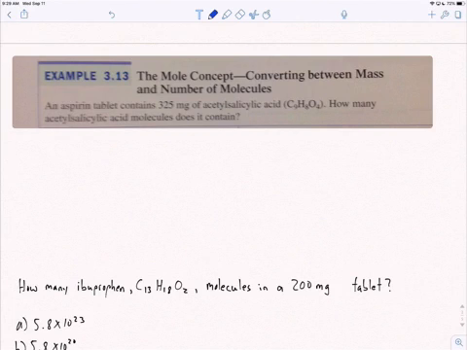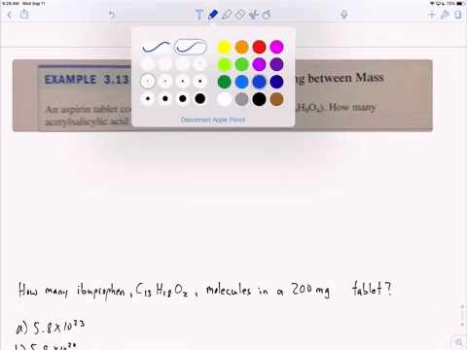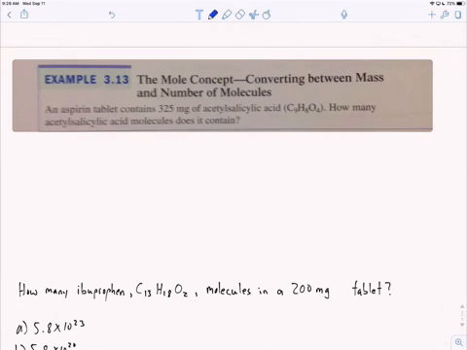So I'll follow the book. What I would do is just go ahead and write 0.325 grams and be done with it. But I'll follow the book so it doesn't confuse you.